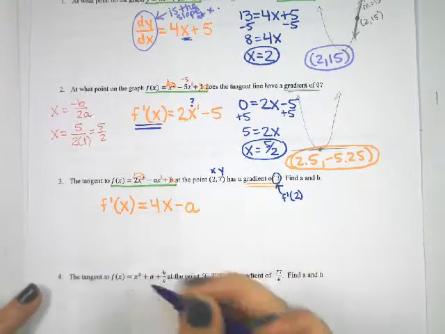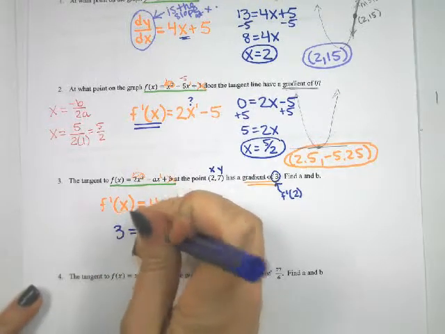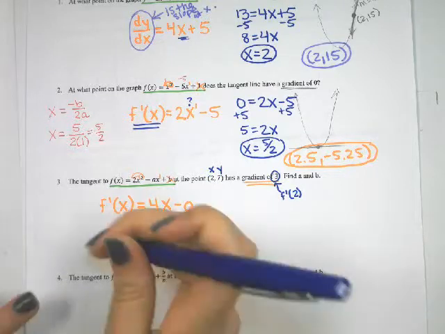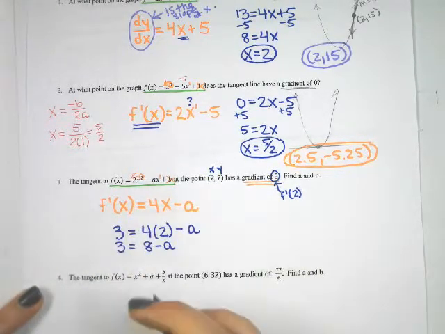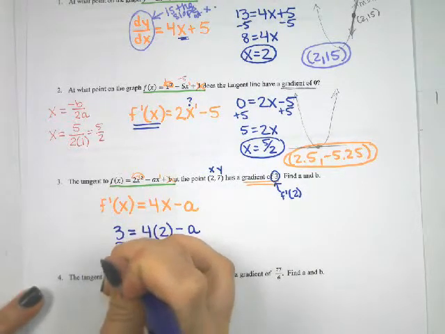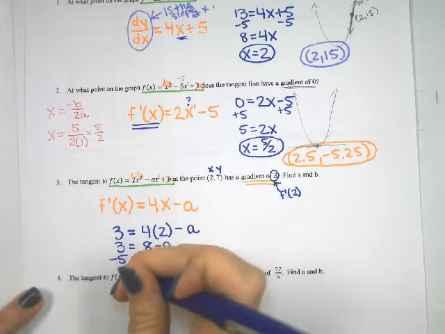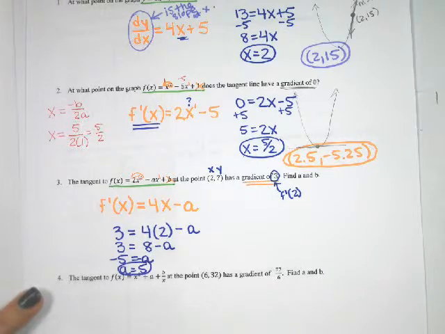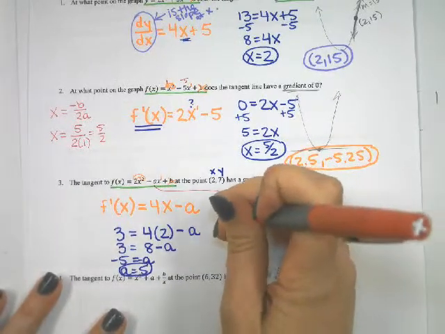We put 2 in for x, and that should figure it out. So the slope is 3 when x is 2. Four times 2 is 8. Subtract the 8 over, and negative a, and then switch our signs. A is 5.